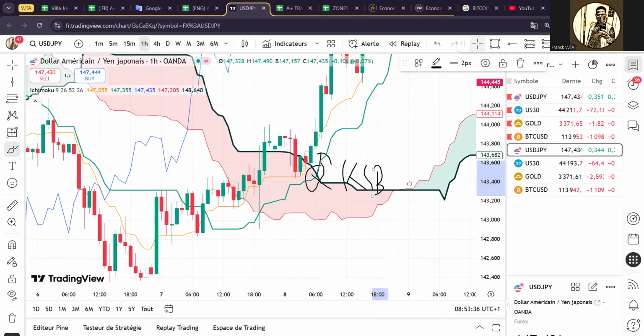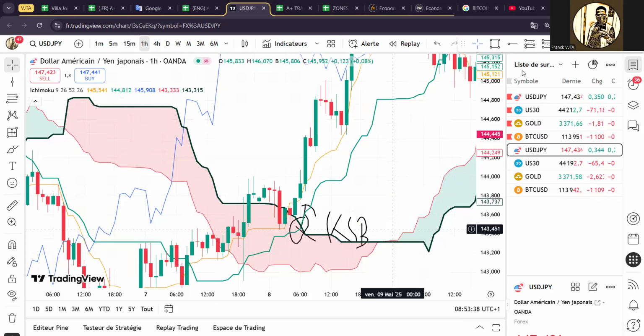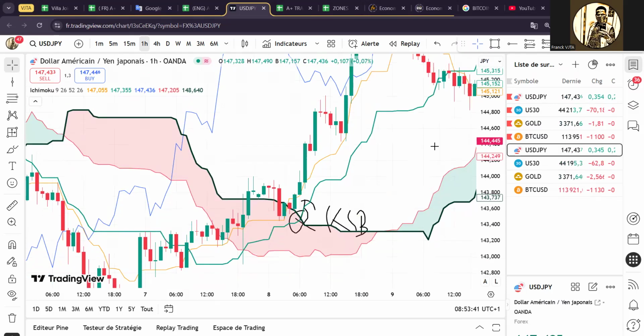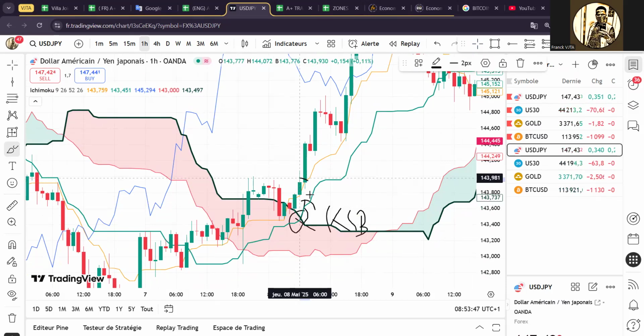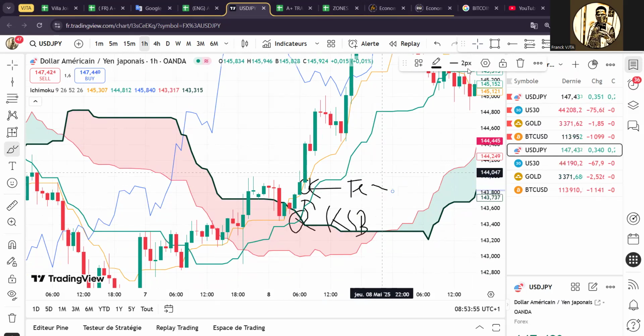Now, KSB Tenkan is that after the cross of Kijun and Tenkan, and the cross of Kijun and SSB, the candle will touch Tenkan here. When the candle touches Tenkan here, it is a Tenkan entry. But sometimes Kijun and Tenkan stay separated to the upside.